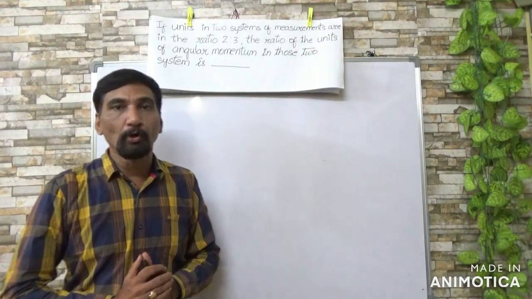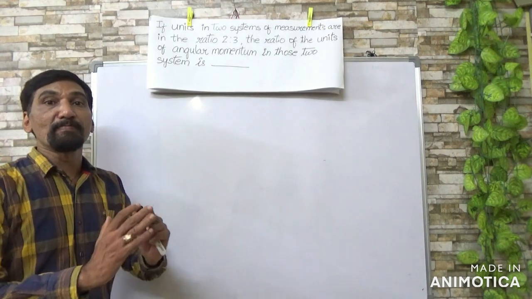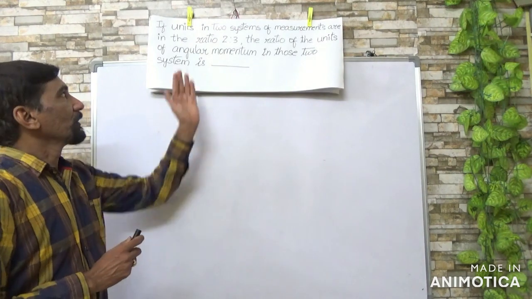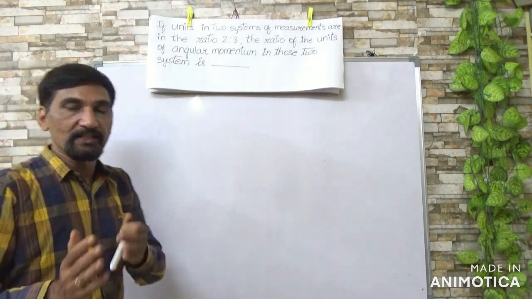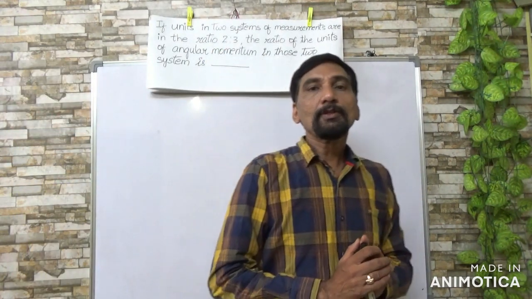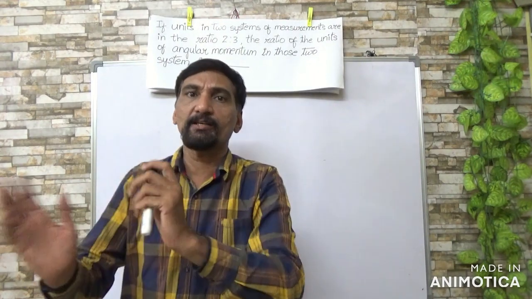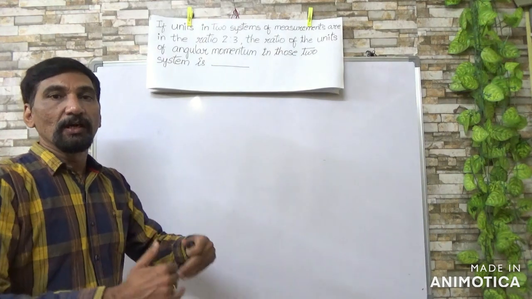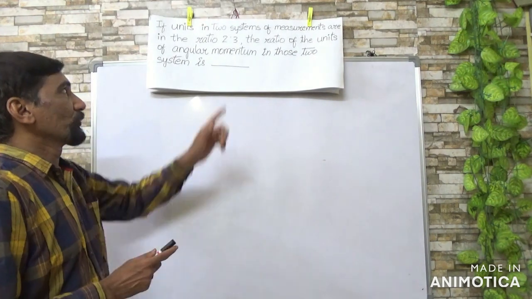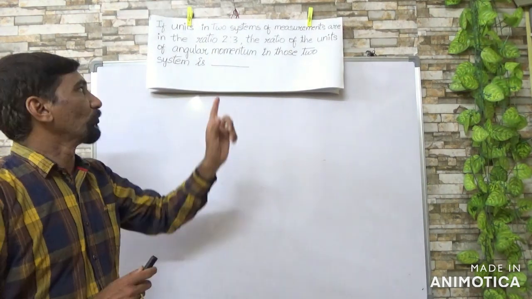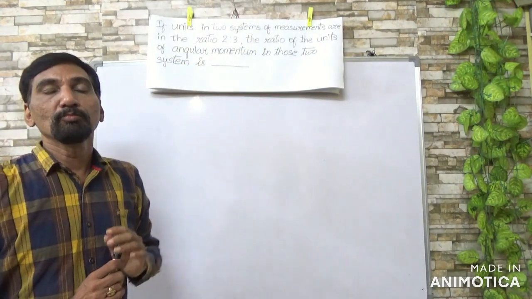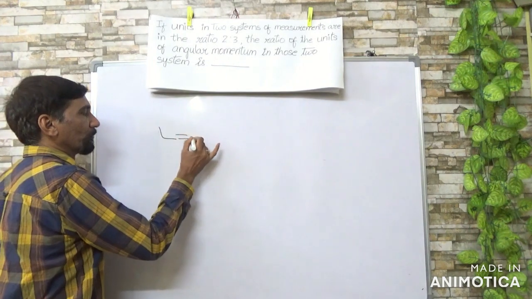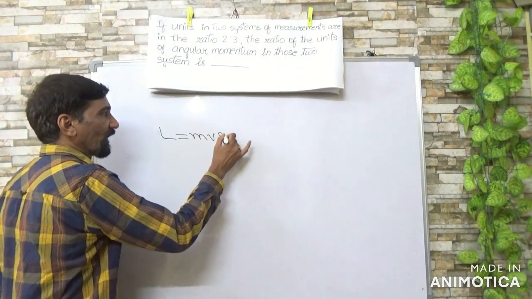Now according to the problem, the ratio of units of mass, length and time in two systems, like CGS to MKS or SI to some other system, is 2:3. Then you want to find the ratio of units of angular momentum. Angular momentum is given as MVR.